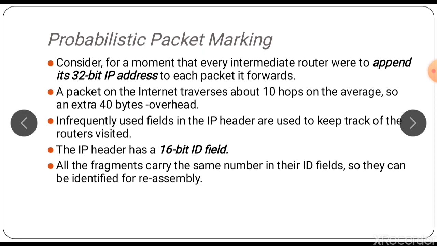The router at the destination end has the responsibility of reassembling all these fragments to create the original packet. All these fragments carry the same number in their ID field, so they can be identified for reassembly. One of the assumptions is that the ID field is otherwise unused.